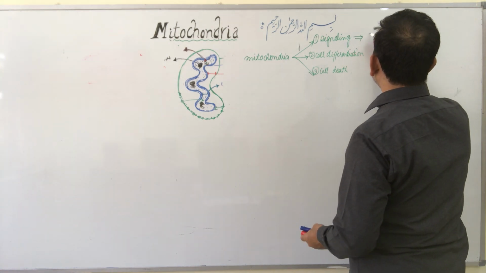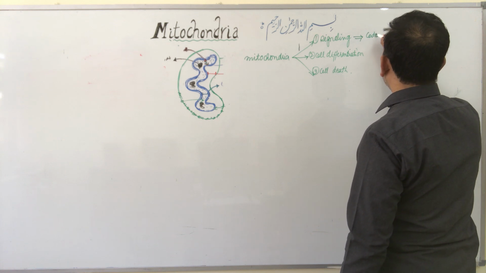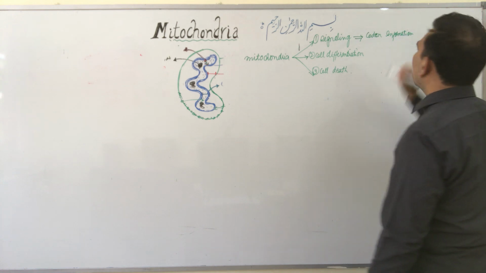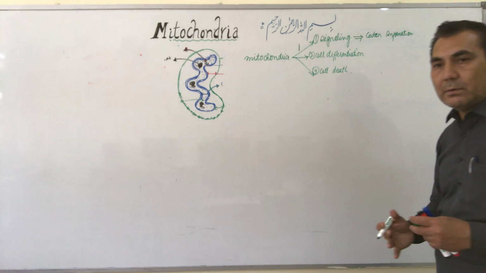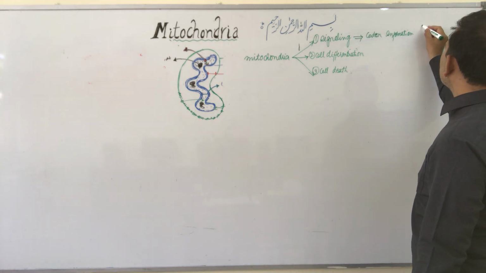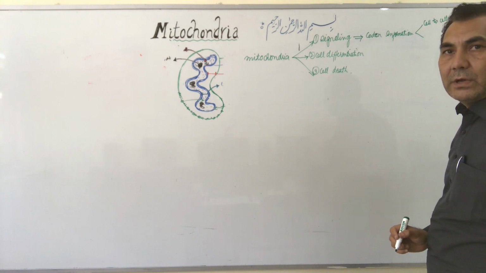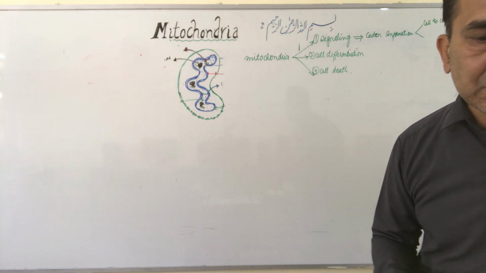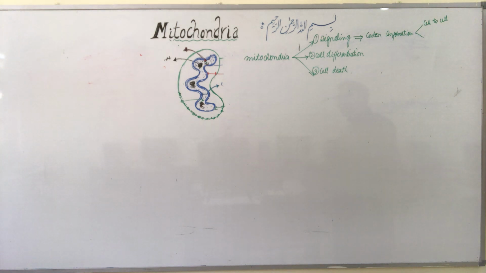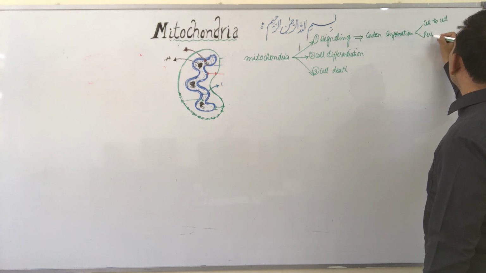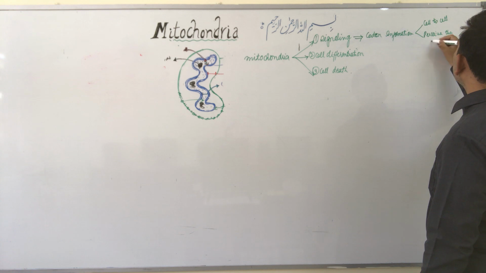The signal is coded information which is transferred from one cell to another cell. From cell to cell, the information is sent by signaling, and the signaling perceives the information and also responds to it.